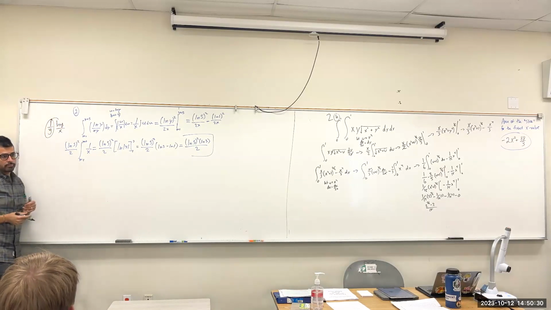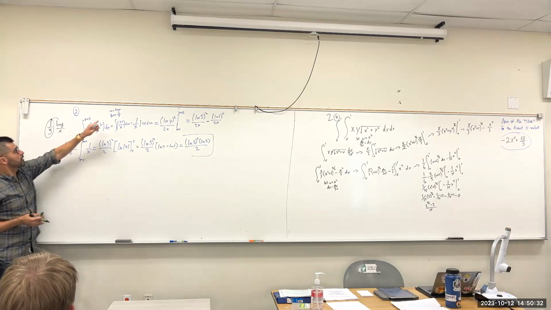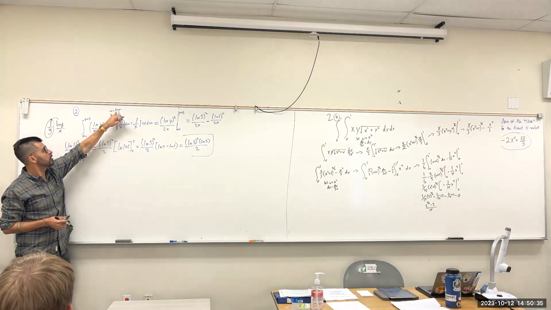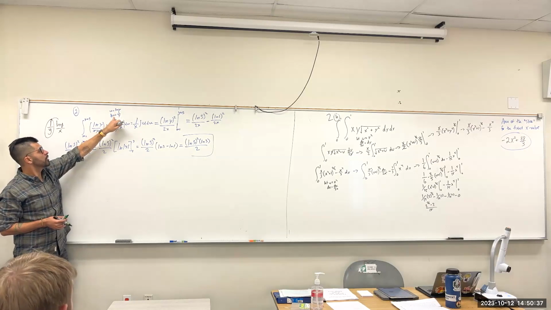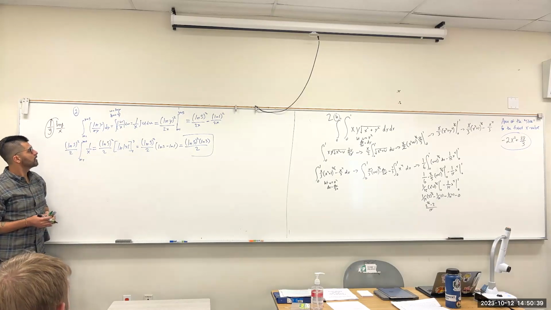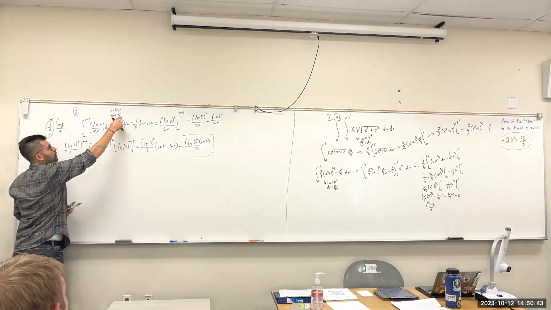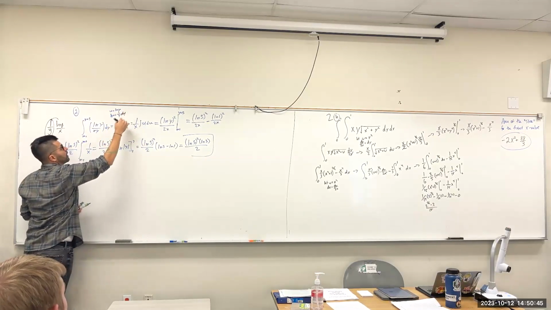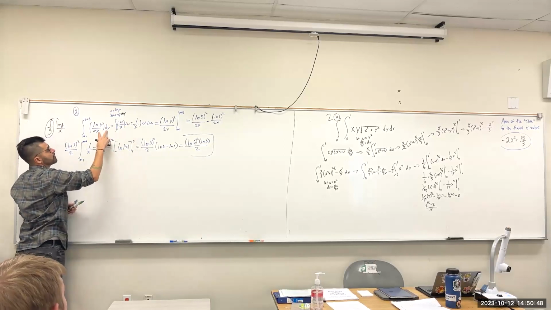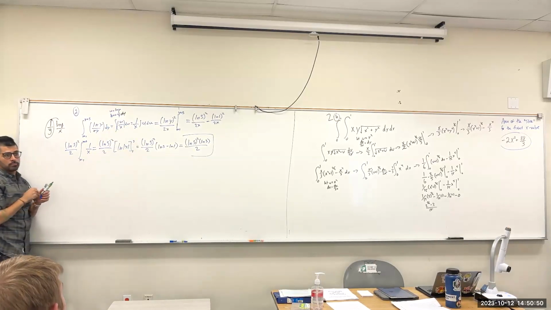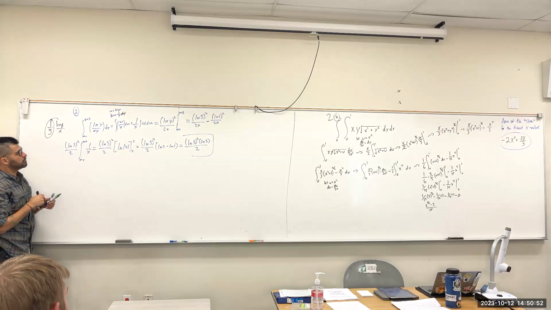That's why he used u sub, letting u be ln of y. Its derivative with respect to y is 1 over y, so the 1 over y dy got replaced with the du.